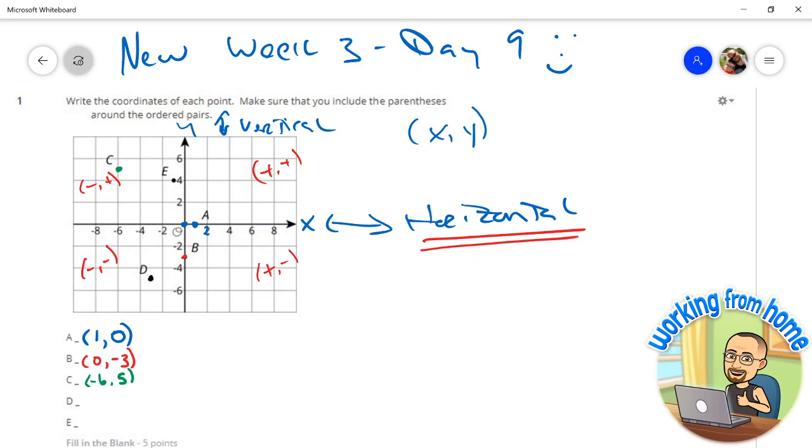A, B, C, D. All right, x-axis, negative 2, negative 3, so that's there. Negative 3. Y-axis, negative 5. All right, last one. You should be getting easier and easier. E. X-axis, again, the horizontal.